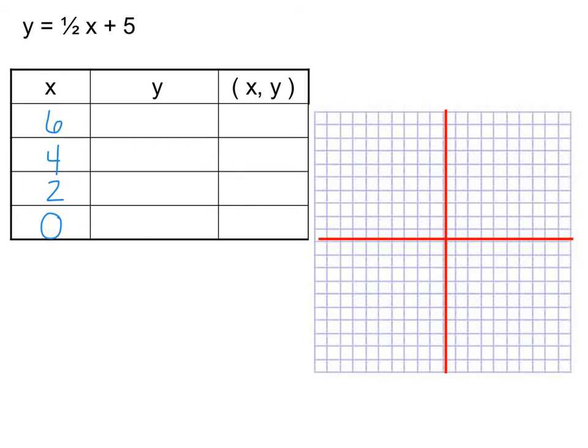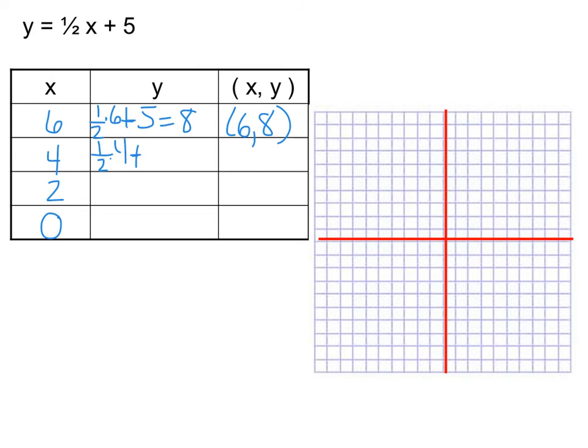All right, now we're going to plug these values of x into the equation. And we have 1/2 times 6 plus 5. Well, 6 times 1/2 would be 3. 3 plus 5 would be 8. And my ordered pair would be 6, 8. Then 1/2 times 4.